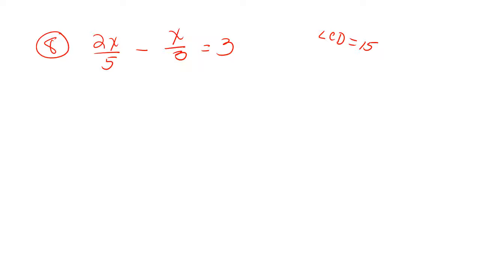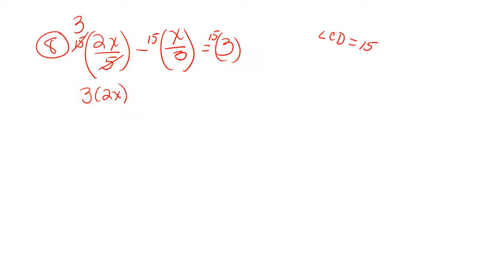On number 8, we have 2x over 5 minus x over 3 is equal to 3. The least common denominator here is 15. If we simply place a parentheses with a 15 outside each term, we can use this least common denominator to cancel out. 5 divides into 15 3 times, so I have 3 times 2x. 3 divides into 15 5 times, so I have 5 times x.